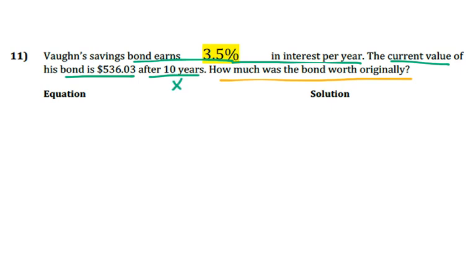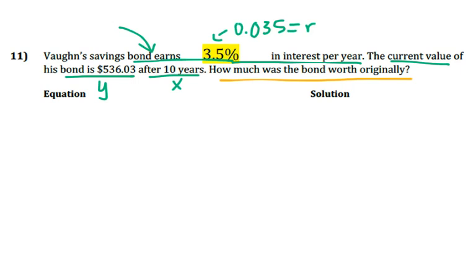So here's x. We know that this is our y, which is the value now, our current value. And the 3.5% can be written as a decimal, which would be 0.035, and this is r. Since the bond is earning, that's going to be increasing, so we're going to have exponential growth with a percentage.